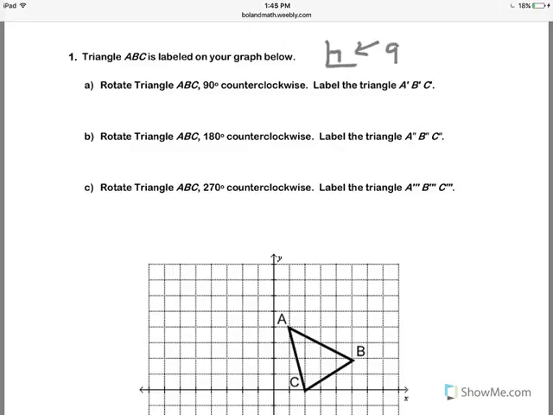So that's 90 degrees and it looks like an L. And we're going to rotate this counterclockwise. So we're going to move each point on our graph left, but in a 90-degree motion.